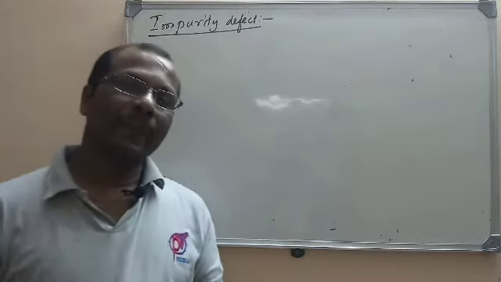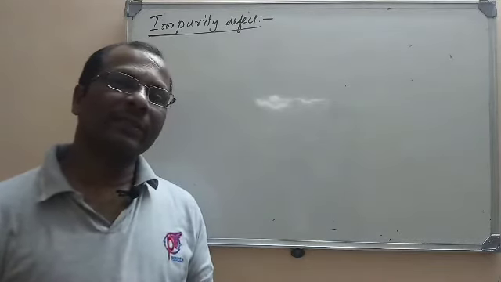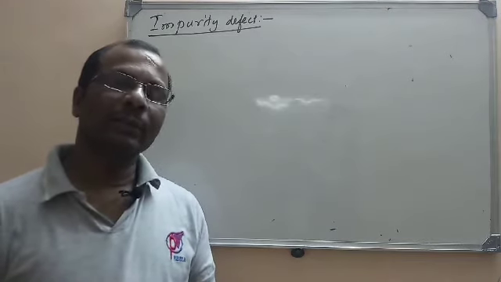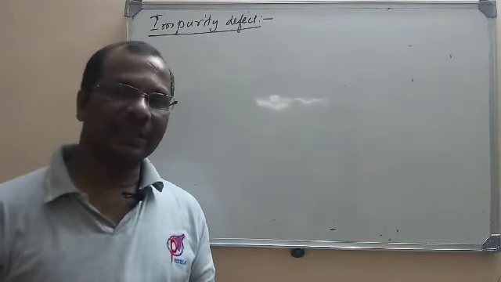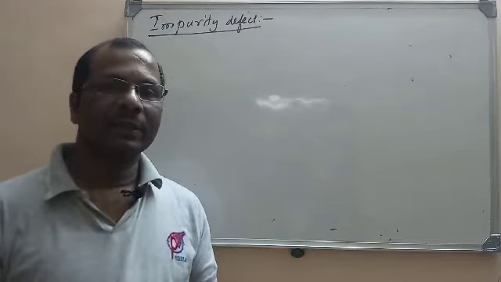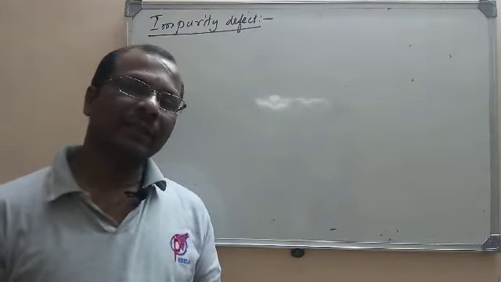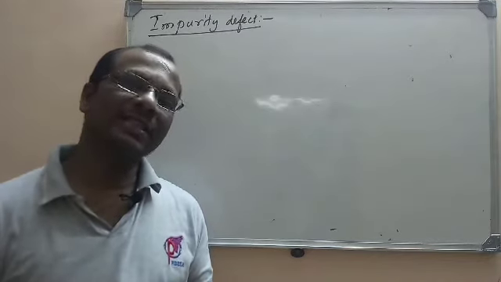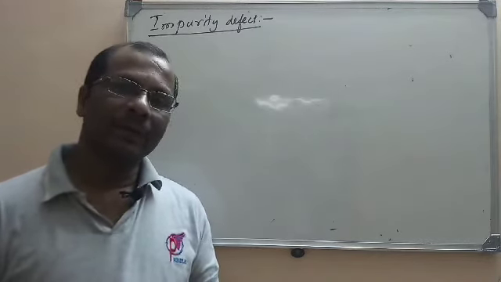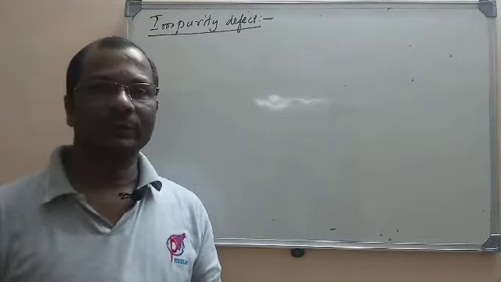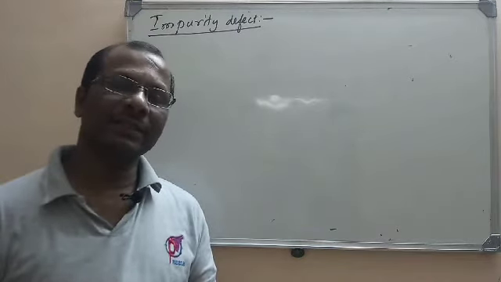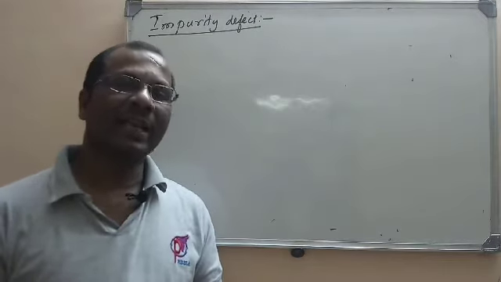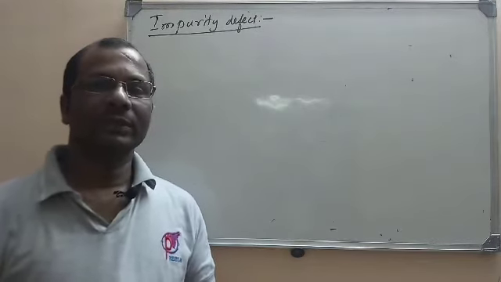I told you that the point defect is divided into stoichiometric defect, impurity defect, and non-stoichiometric defect. What is a stoichiometric defect? The defect that does not cause any change in the stoichiometry of the compound, or the defect that does not disturb the stoichiometry of the compound, is called a stoichiometric defect.